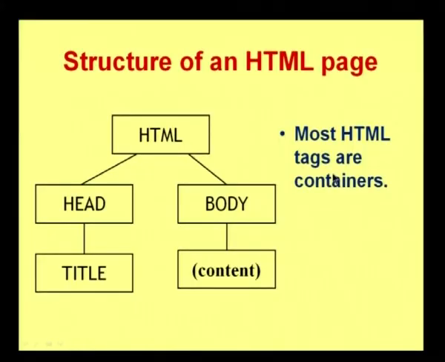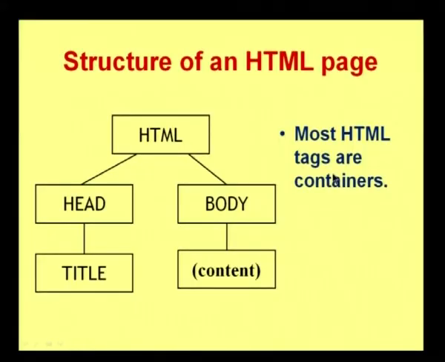The HTML head tag gives information regarding how you are going to process your page. Your JavaScript as well as your CSS, all this information could be added in the head content, whereas in your body you will have only the contents that need to be displayed on the browser.